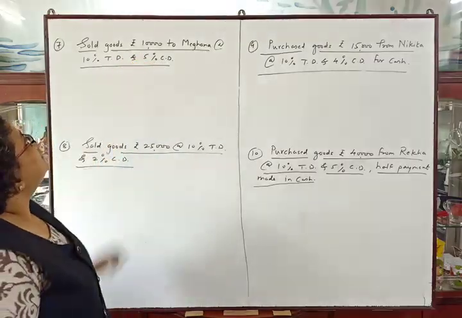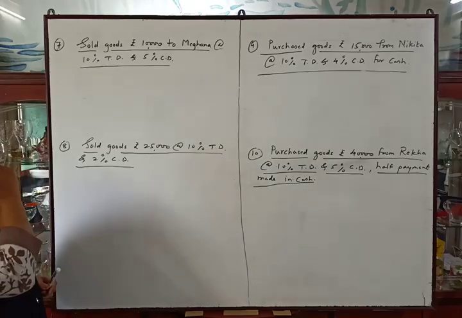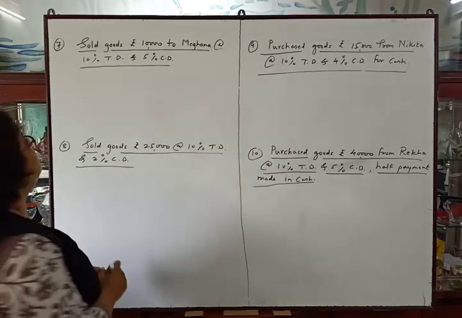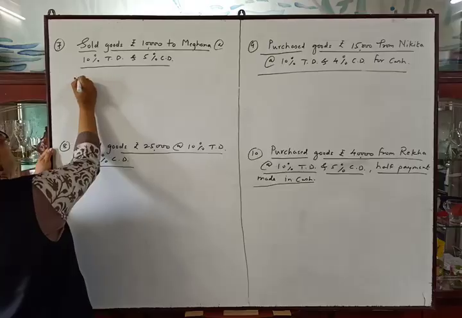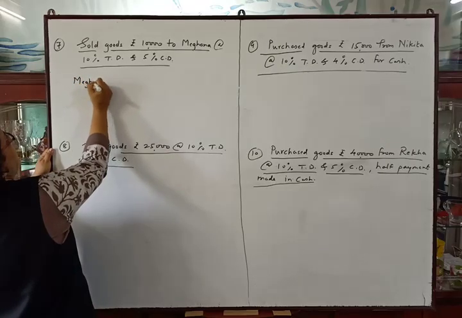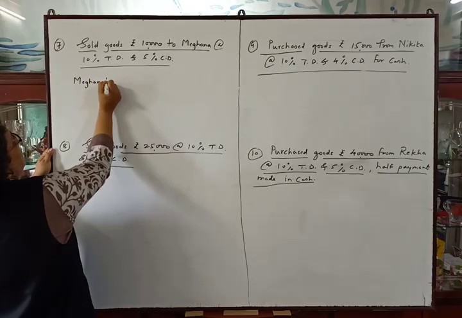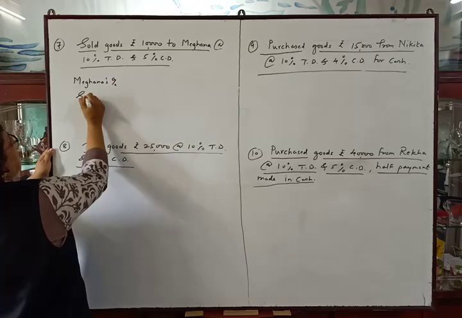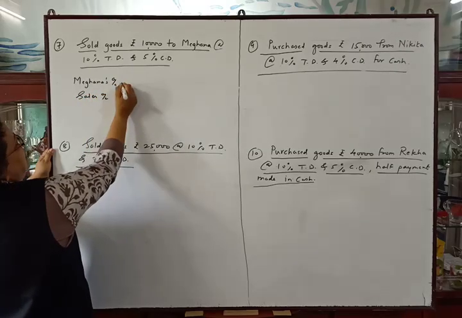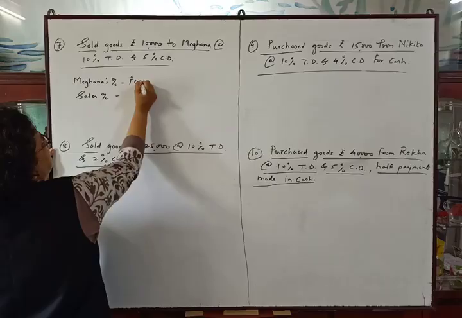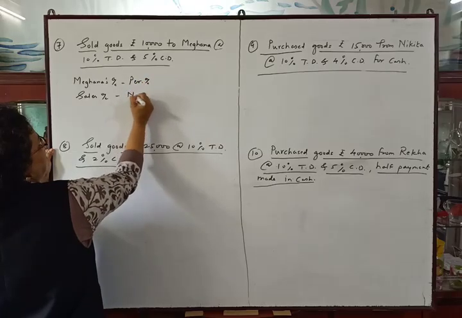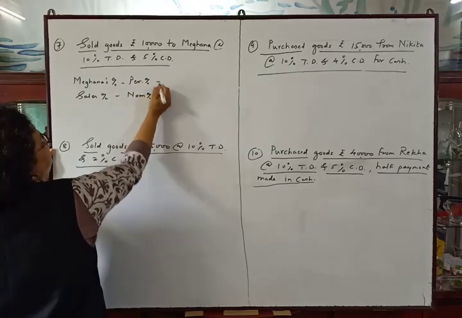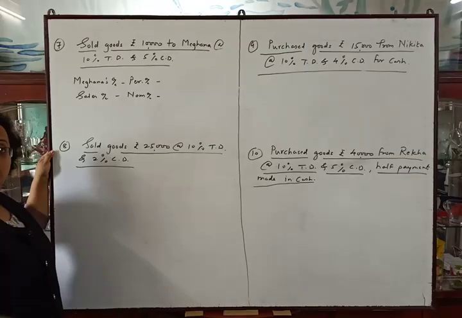Understood? Now, sold goods rupees 10,000 to Meghana. Two accounts will be involved here. Meghana's account and sales account. Meghana's account is personal account and sales account is nominal account. We are selling goods to Meghana.